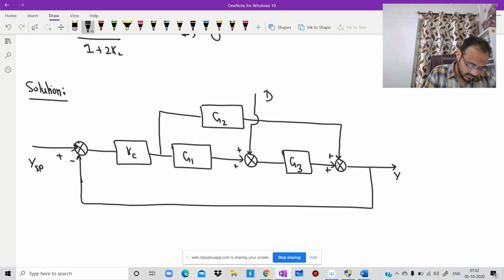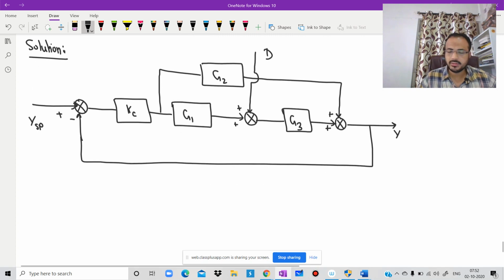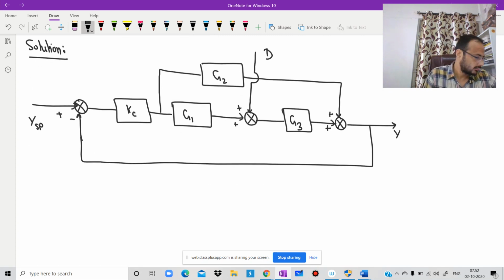Now our first step is assign variables and then we will solve it. Assume A. It is B. It is C. D already here. It is E. And it is F. Is it clear?